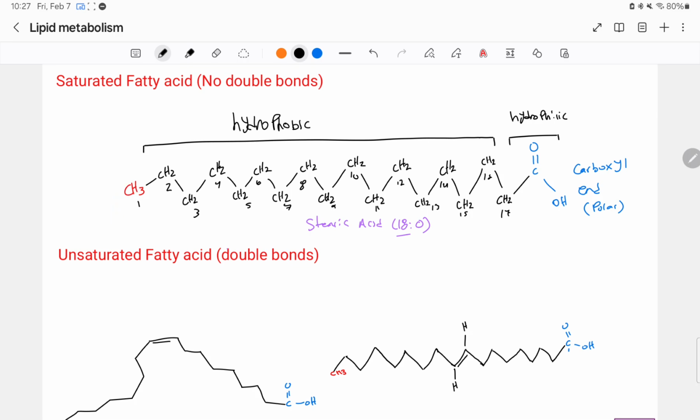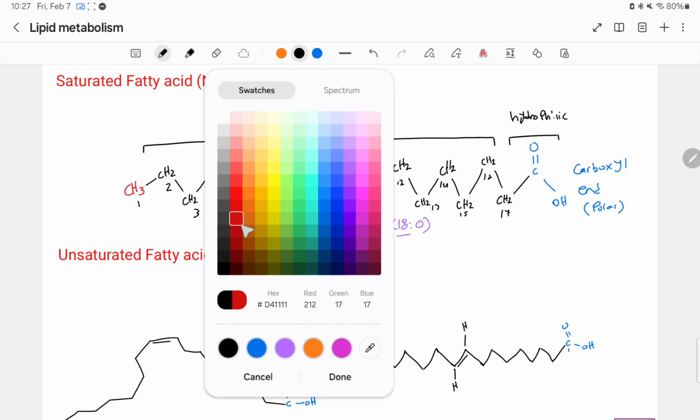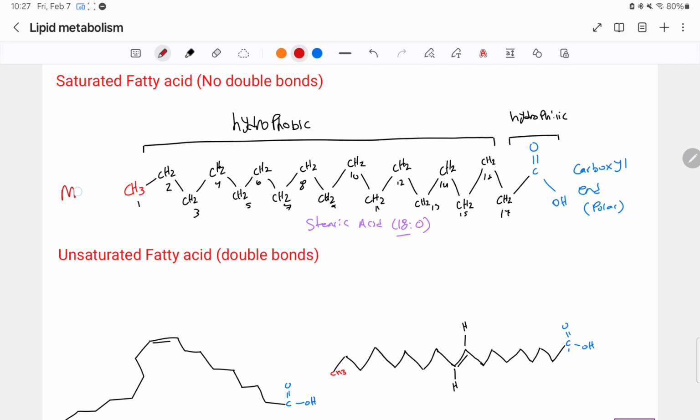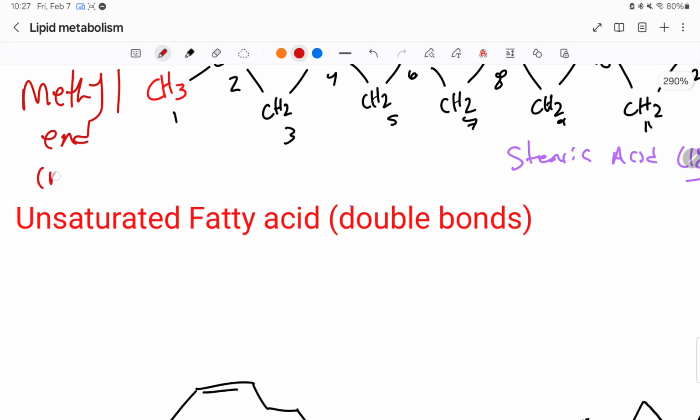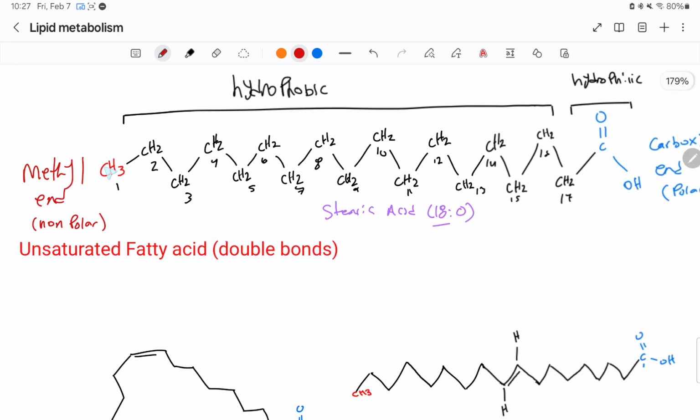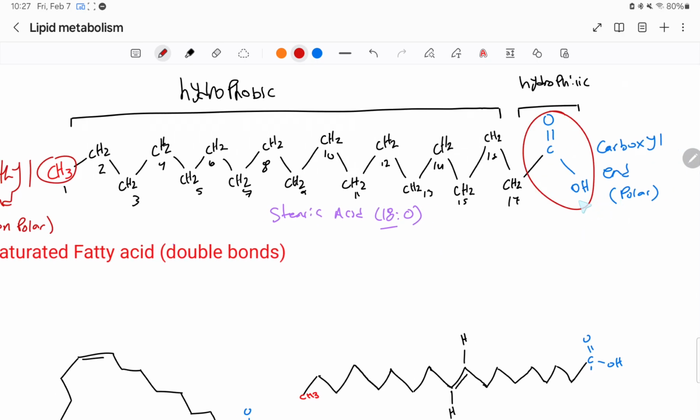Now, so here's this one end. At the other end, though, it has a special group. And this group is called a methyl group, or we call it the methyl end. Now, this side is actually non-polar. So here's this group. It's non-polar. Here's this group. It is polar.